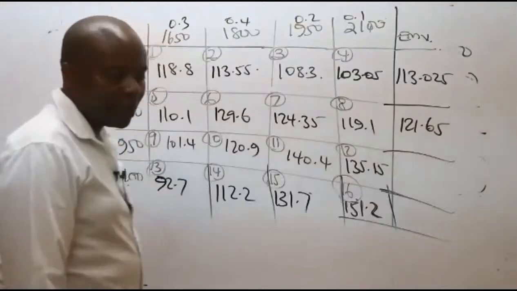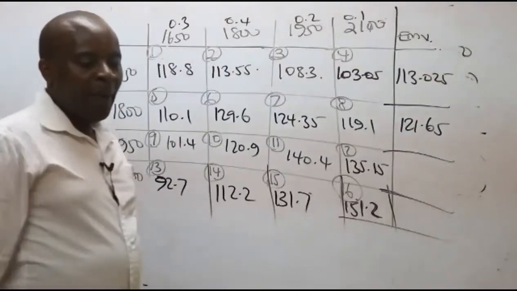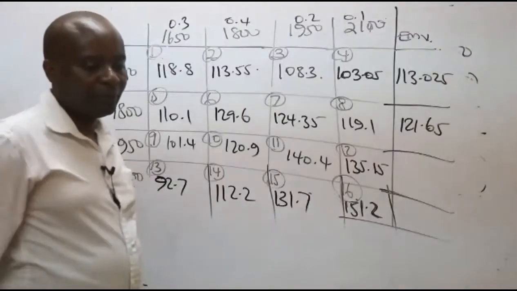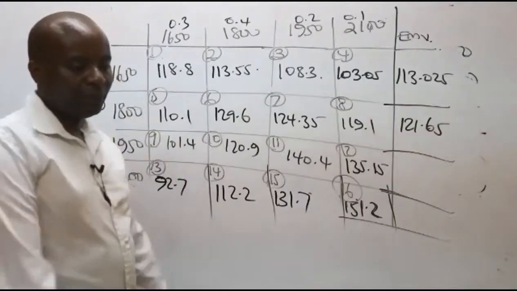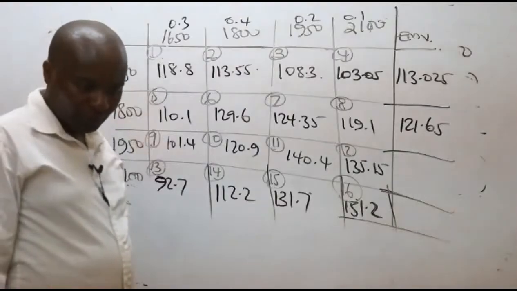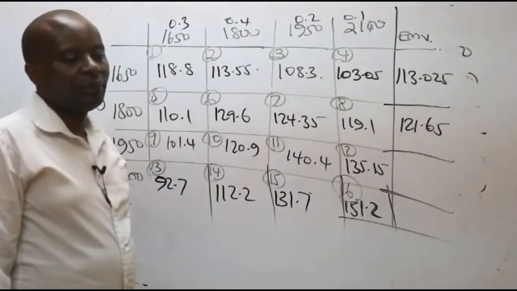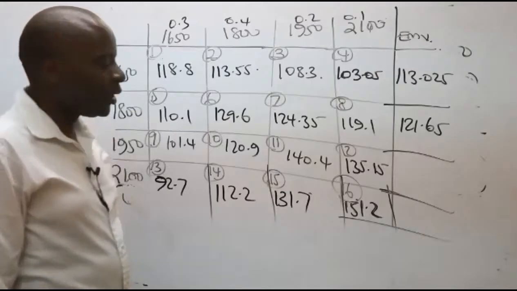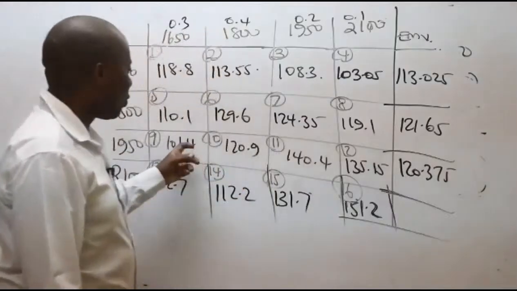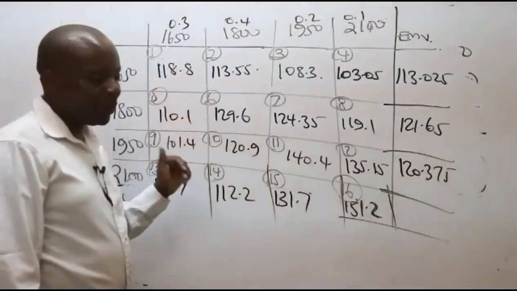From there, we have the third one. 120.375. How did they get this 120.375? They took the profit that we have here and then they averaged them by multiplying them with the probabilities like that.